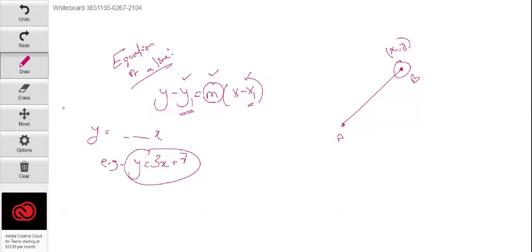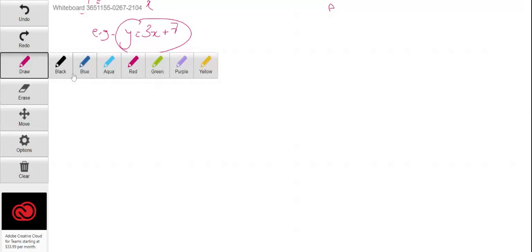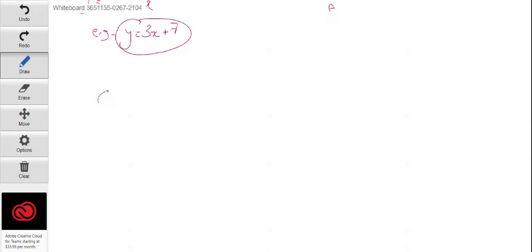So connecting what we just learned from differentiation and what we remember from coordinate geometry, we can figure out the equation of a tangent of any curve, because a tangent is a straight line, thus it would follow this equation, right? Now, let's take a look at an example, and the example is this.